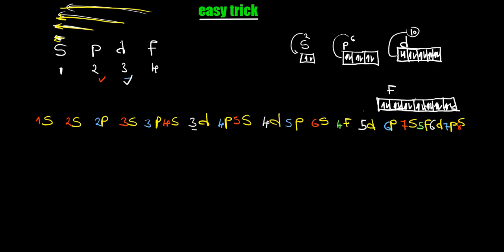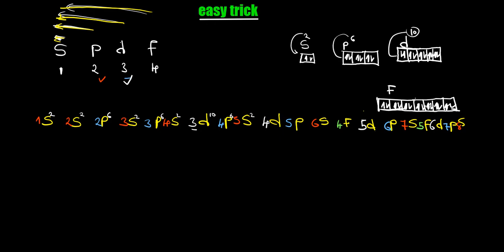All right, so what I'll do now is put the orbitals in. S orbitals can accommodate 2 electrons. S again 2 electrons, P 6 electrons, S 2 electrons, P 6 electrons, S 2 electrons, D 10 electrons, P 6 electrons, S 2 electrons.